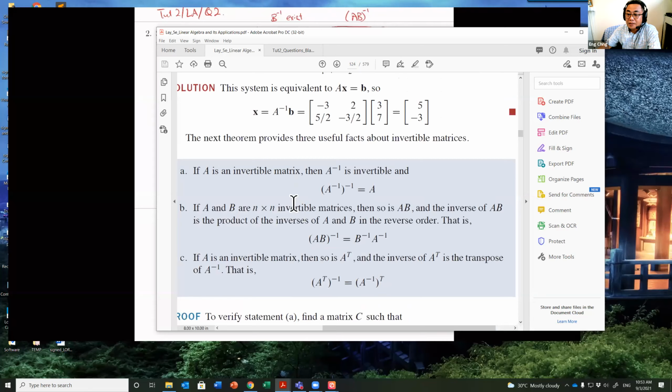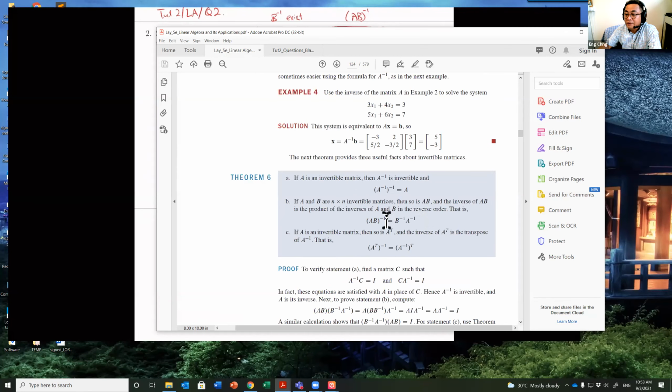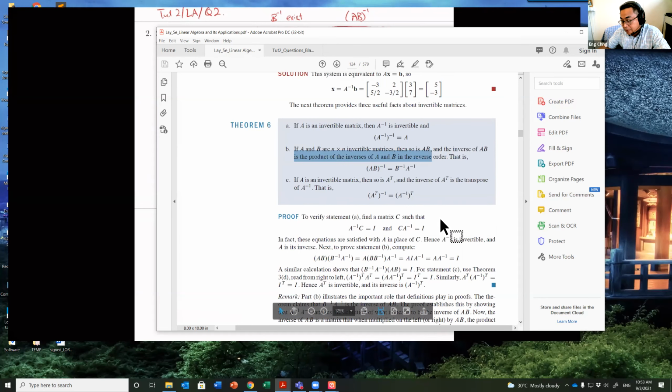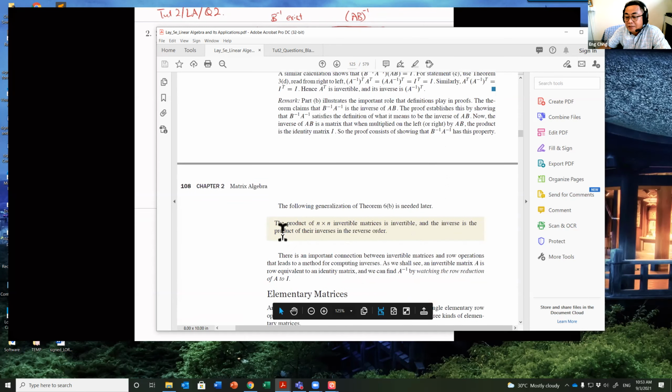So the first thing you need to know is this guy, theorem number 6. The inverse of AB is B minus 1, A minus 1. And then he also described the same proof as I did just now. And the important thing is this: the product of invertible matrices is invertible. All right. Now I will pause.